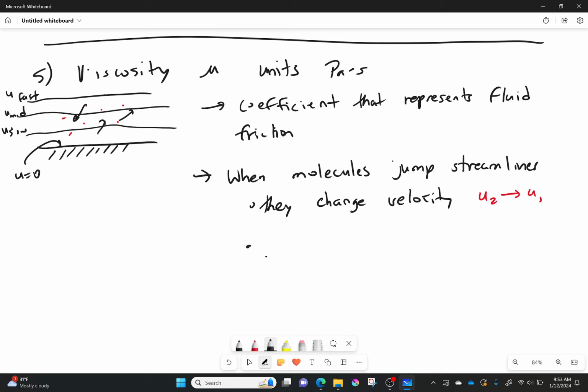A change of velocity leads to force, because we know that F is equal to ma, which is equal to m dv/dt. And the force we have here is viscous force.